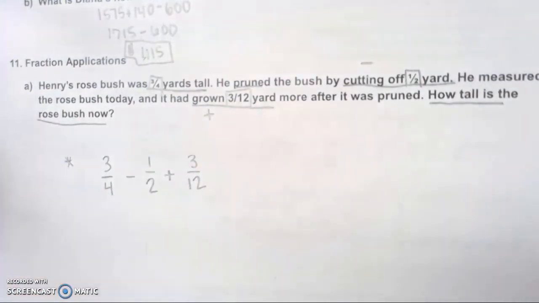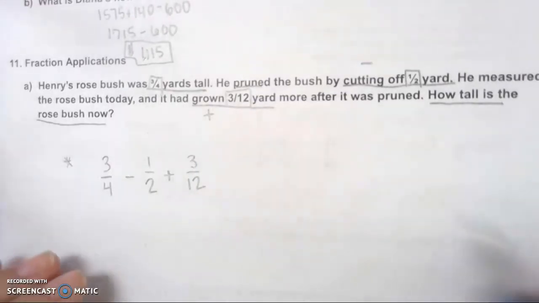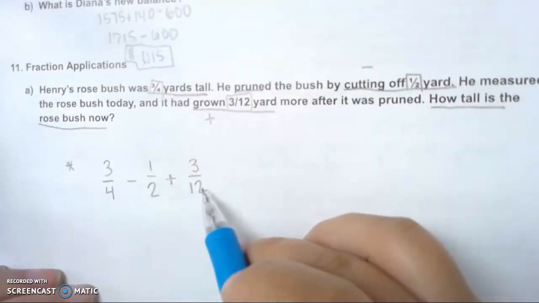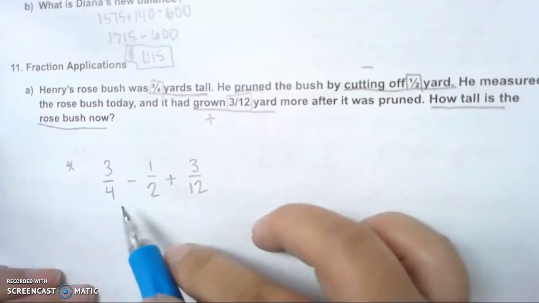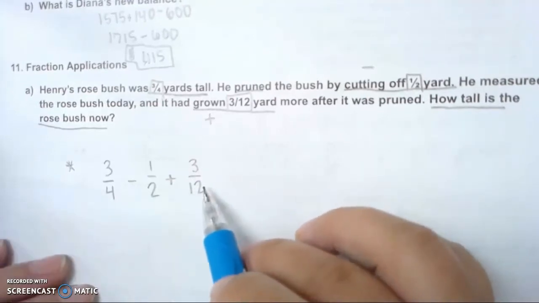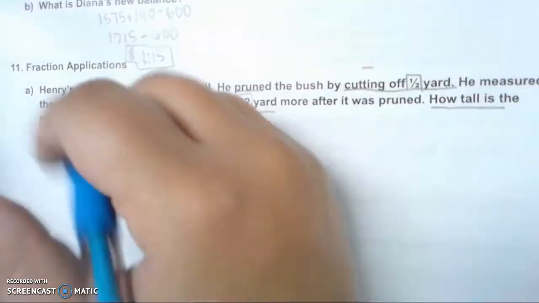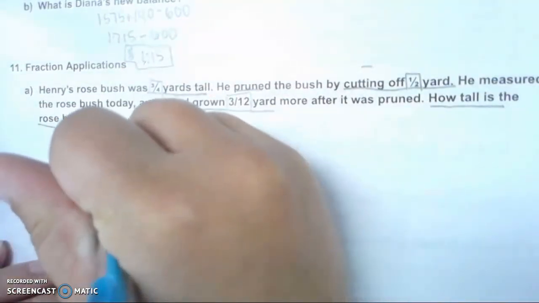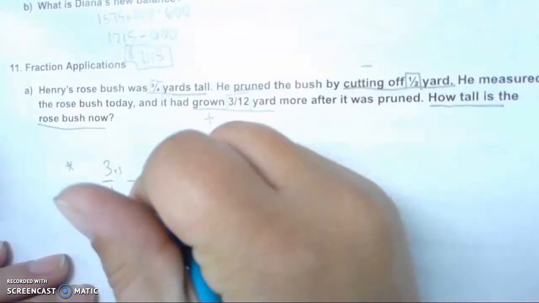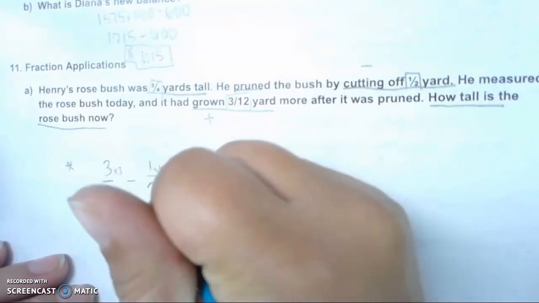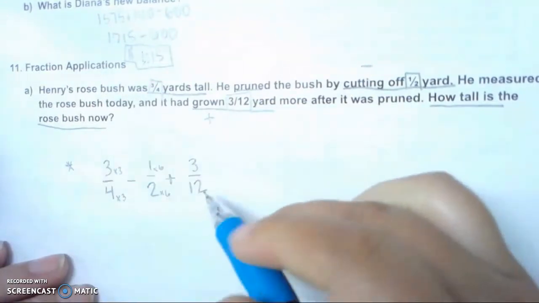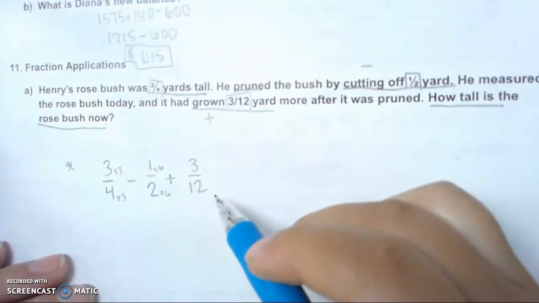So when dealing with fractions, when we add and subtract fractions, we need a common denominator. So I look, the least common multiple of 4, 2, and 12 is 12. I'm going to multiply the first fraction's numerator and denominator by 3, multiply the second numerator and denominator by 6, and I don't have to do anything to the third fraction.